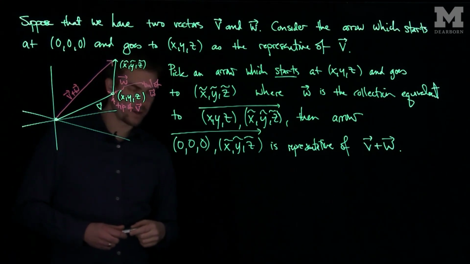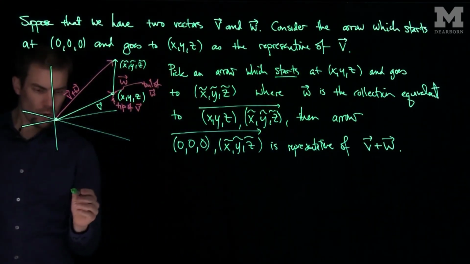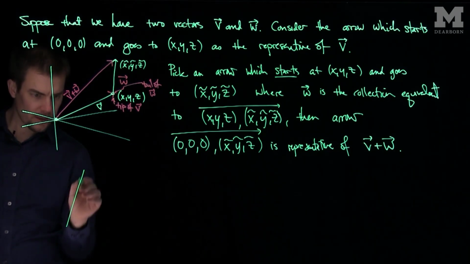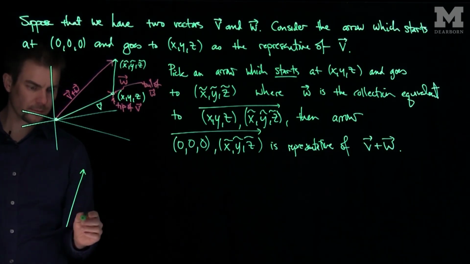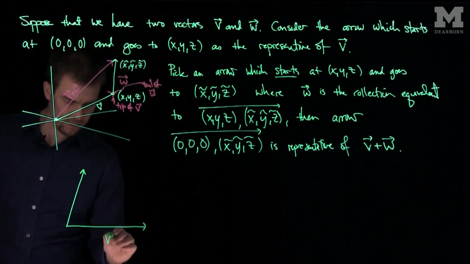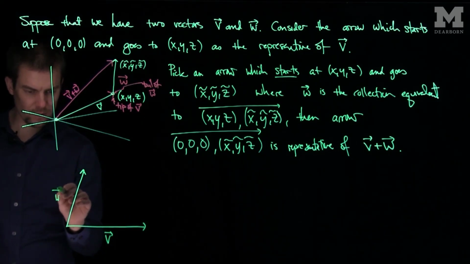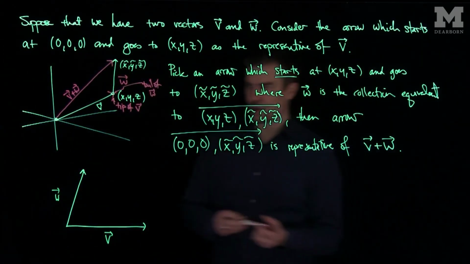And so we see from this that we actually get more geometry that pops out of this vector addition. What we see, for example, is if this is my vector v over here, and this is my vector w, then I can write down an equivalent representation of w.